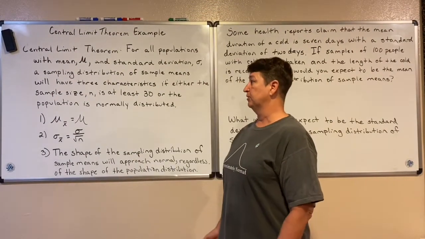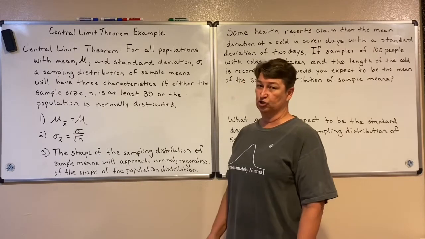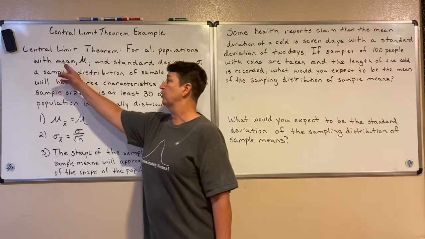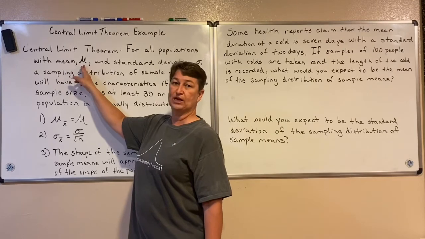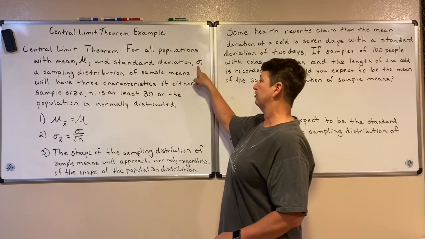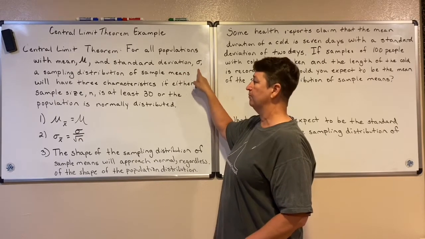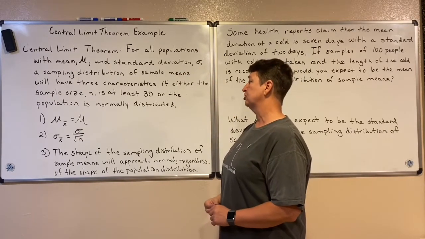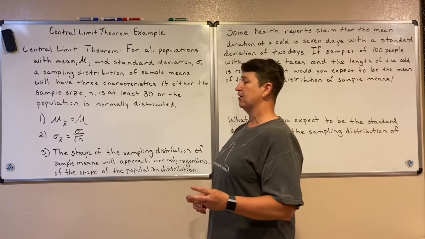So the central limit theorem tells us that for all populations with a mean, remember we represent the mean with that Greek letter mu, and a standard deviation, where we represent the standard deviation with the Greek letter sigma, a sampling distribution of sample means will have three characteristics.